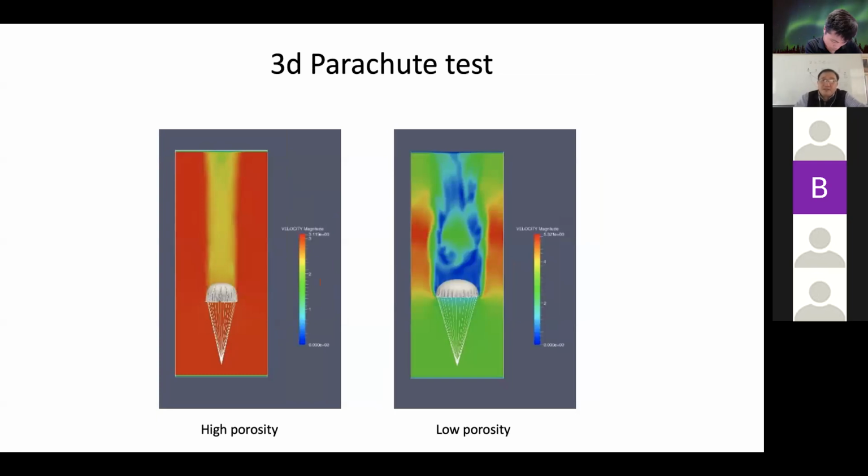And so that is the flow with low porosity and with high porosity. In designing the parachute, it is a balance between the stability and the drag of the parachute.